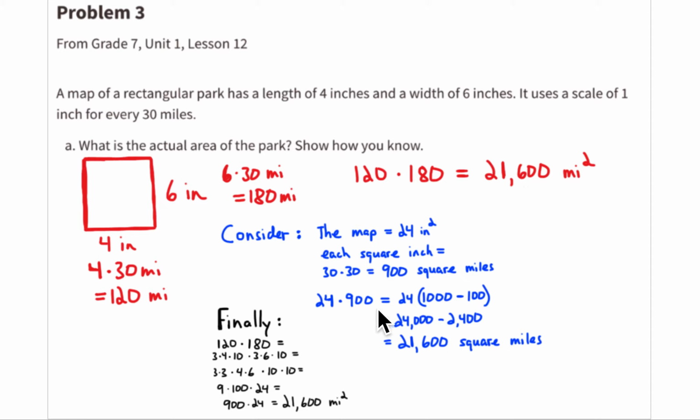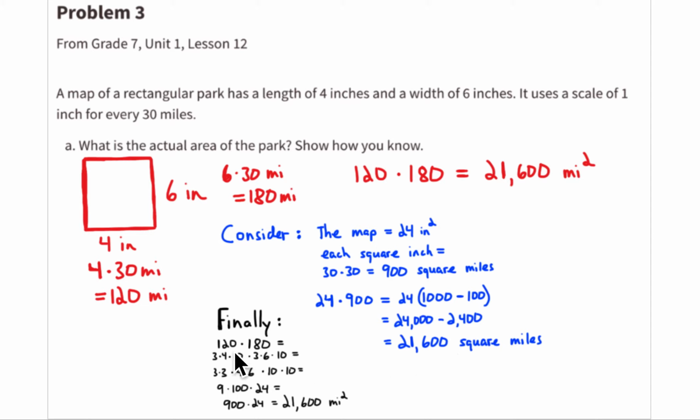But think about what this is. I'm going to leave this for you to read through and think about. If 1 square inch is equal to 30 times 30, or 900 square miles, and you have 24 of these square inches, then you're going to have 24 times 900 square miles, and that's going to work out to be 21,600 square miles.